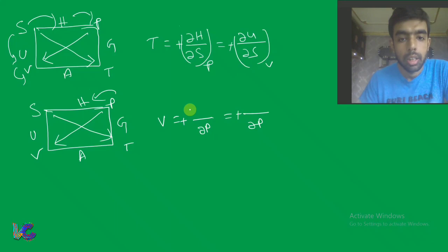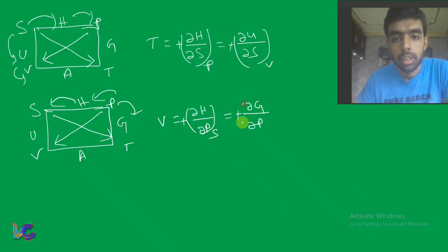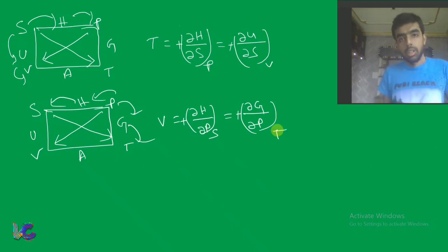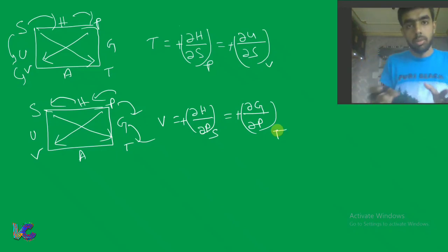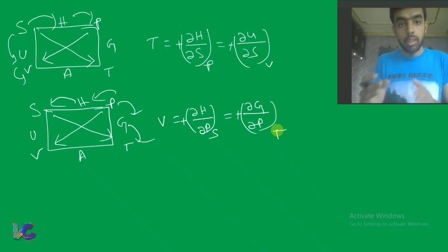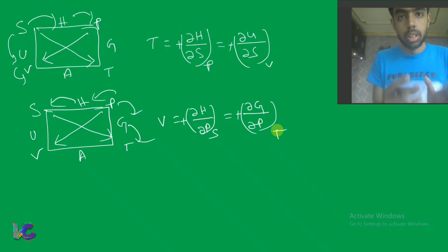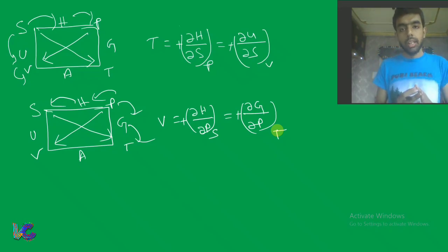Here H, that means del H at constant S, and on this side this is G, that means del G, and the constant is T. These are the 8 equations: 2 expressions for P, 2 for V, 2 for T, and 2 for S.